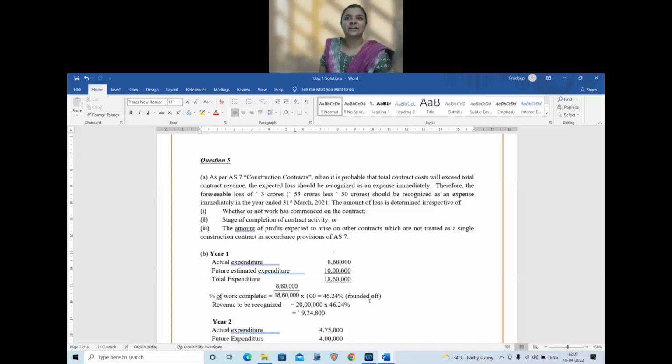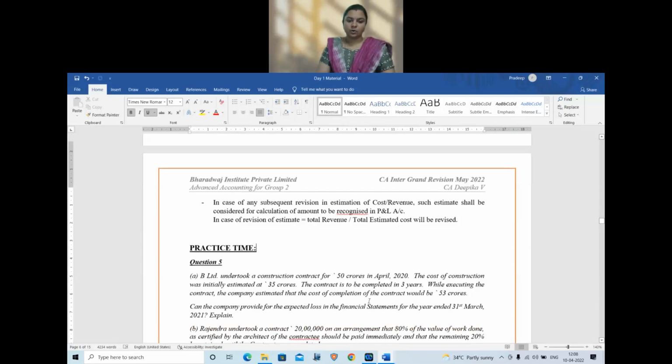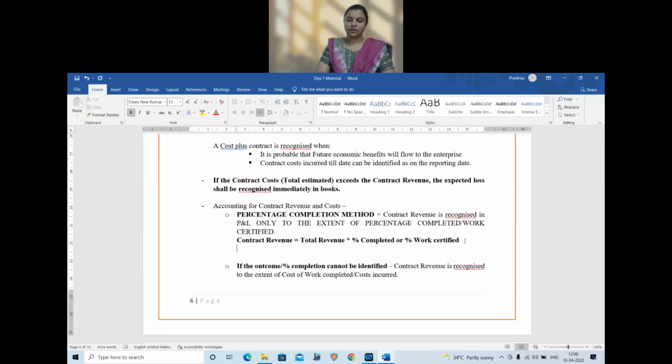If work certified is more, then we can go by work certified. So let's write that rule also in the notes. If work certified is less than actual cost incurred, then actual cost divided by total estimated cost shall be considered.